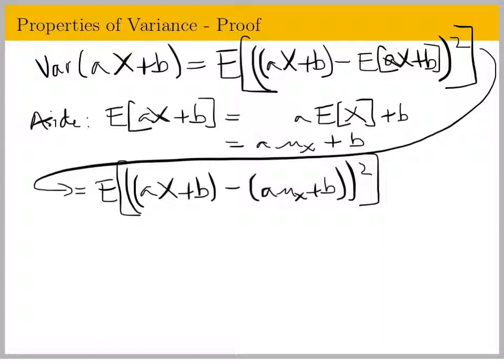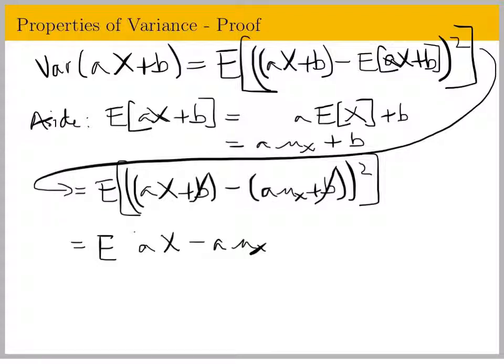Carrying the minus sign through, we see that this is the expectation of, well, B minus B is going to cancel, and the A's are going to factor out, so that we're going to have AX minus A mu x.